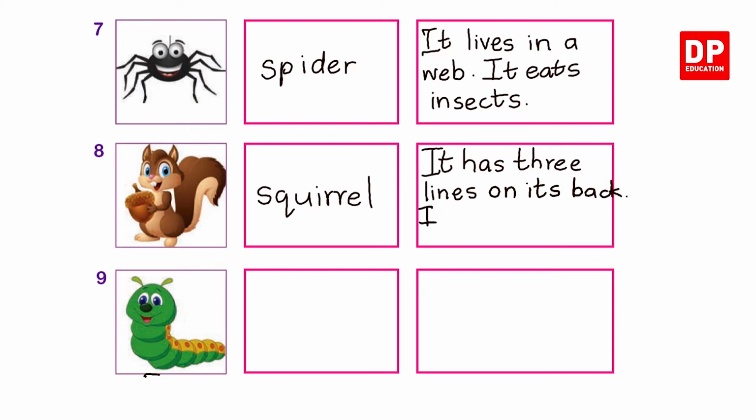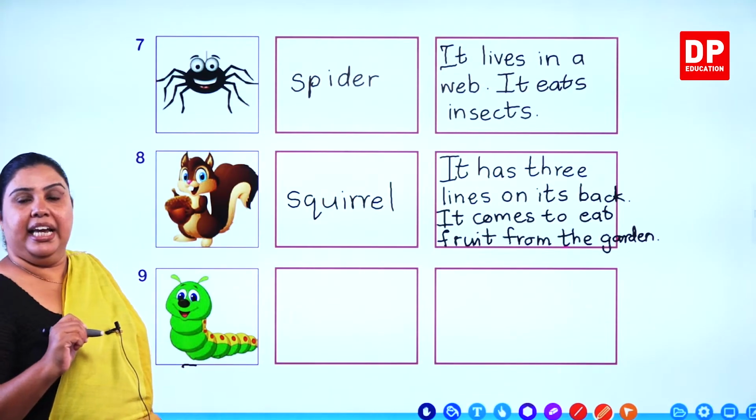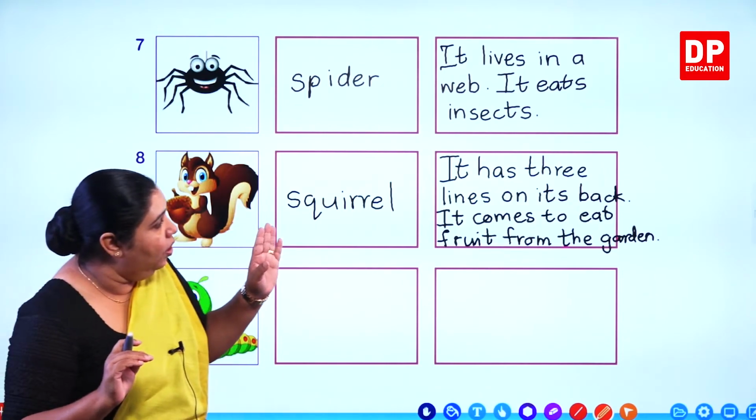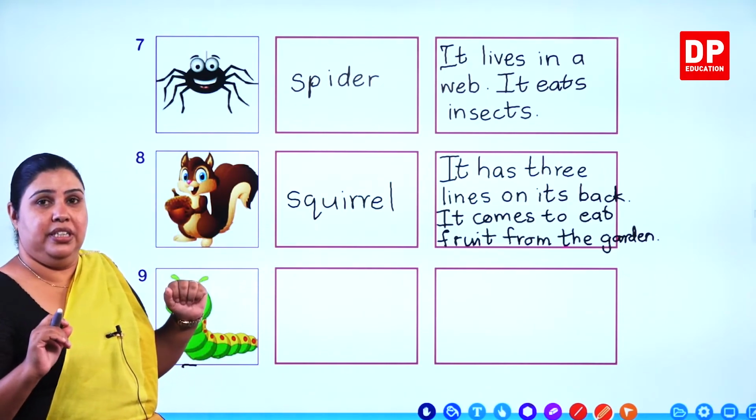It comes to eat fruit from the garden. Now you know what the description is, okay? So it has 3 lines on its back and it eats fruit, so that you know.